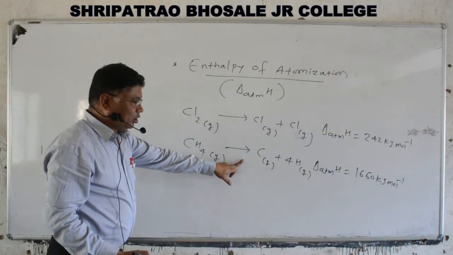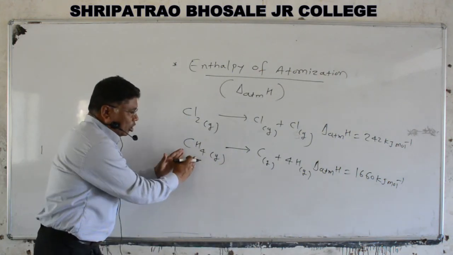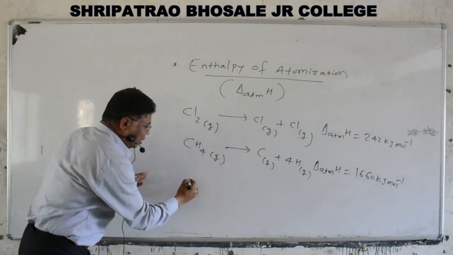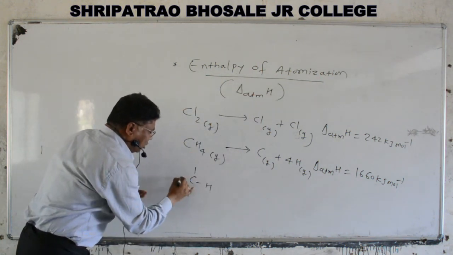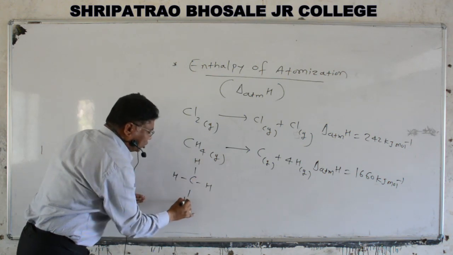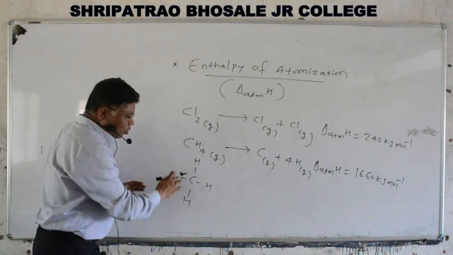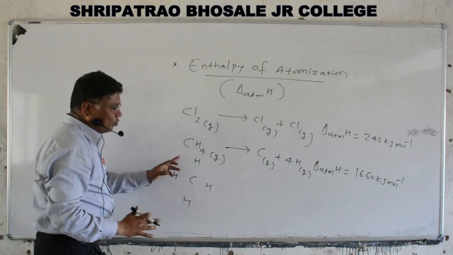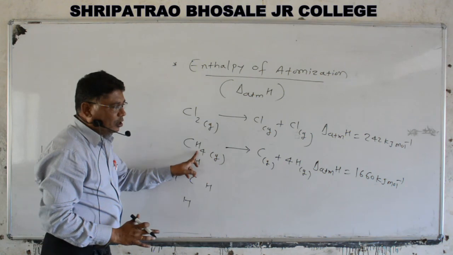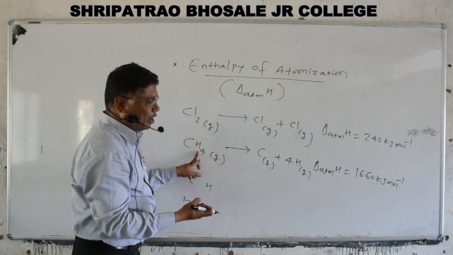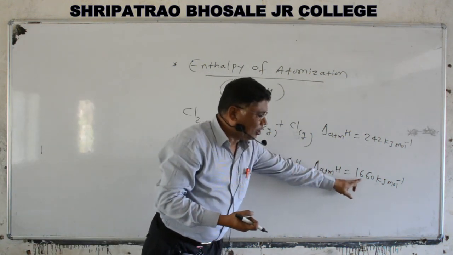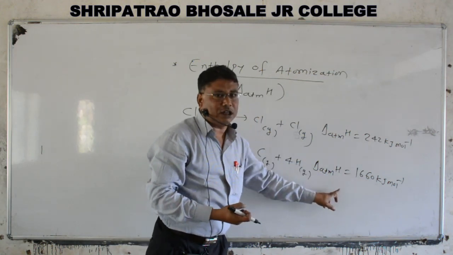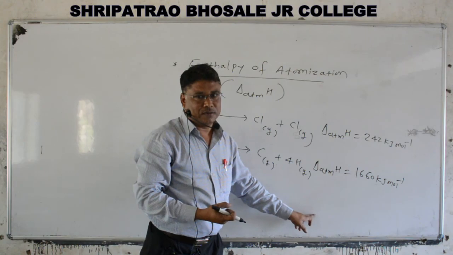What does this indicate? A molecule is converted into atoms, that is called enthalpy of atomization. In methane there are 4 carbon-hydrogen bonds. So to break all these 4 carbon-hydrogen bonds in 1 mole of gaseous methane, how much heat is required? 1660 kilojoule of heat is required. That is called enthalpy of atomization.